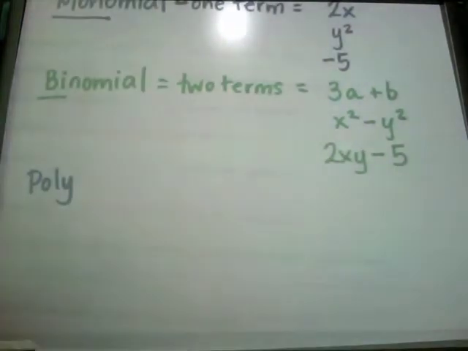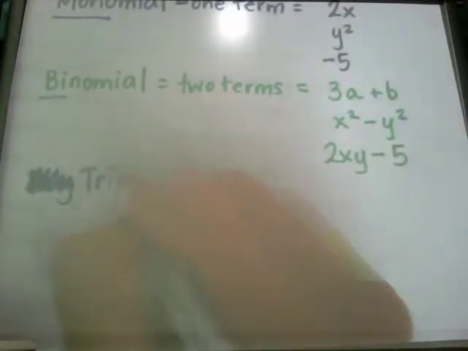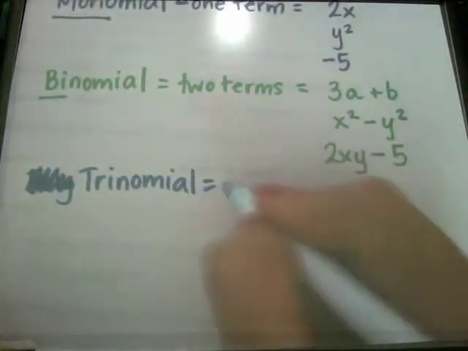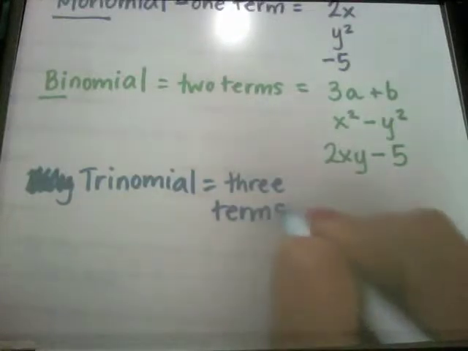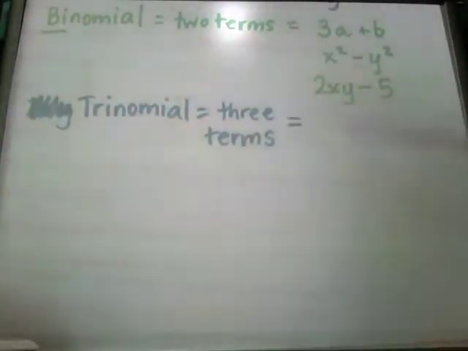Oh, I'm sorry, I should get to trinomial next. We will be spending a lot of time with trinomials. You can probably guess a trinomial has 3 terms being added or subtracted. Tricycle. Triangle, meaning 3.